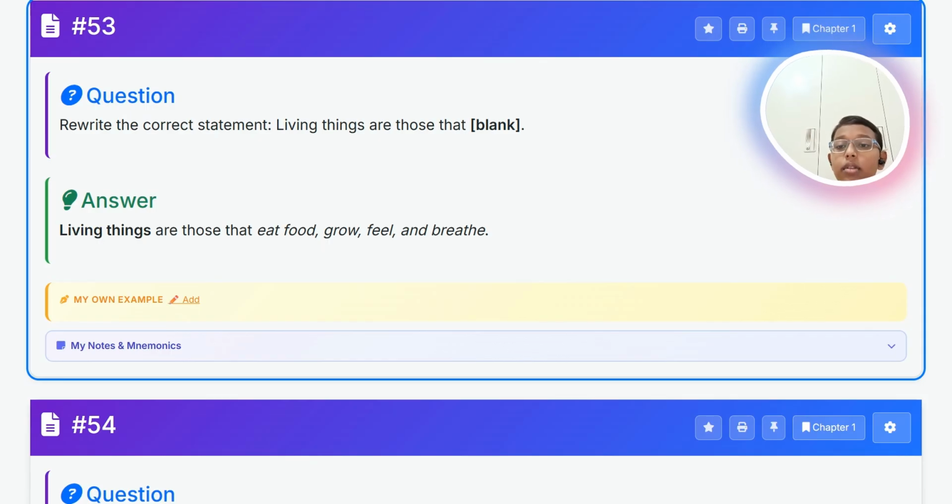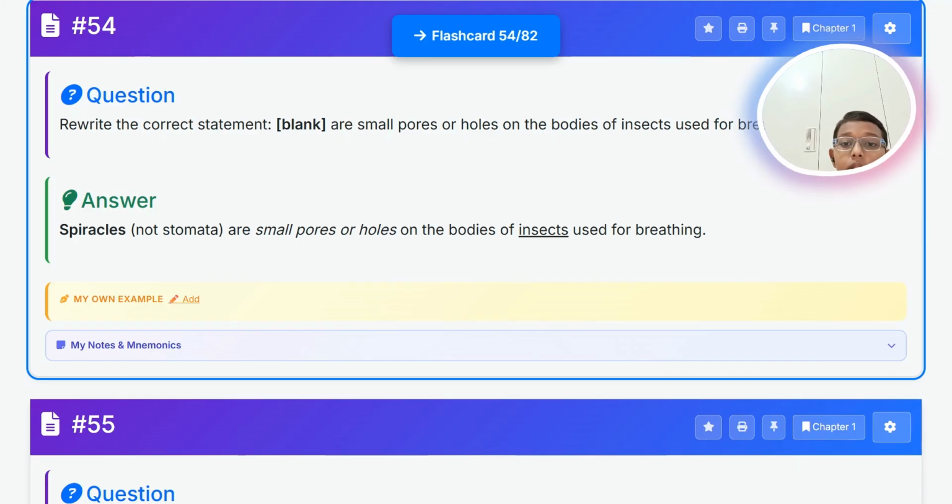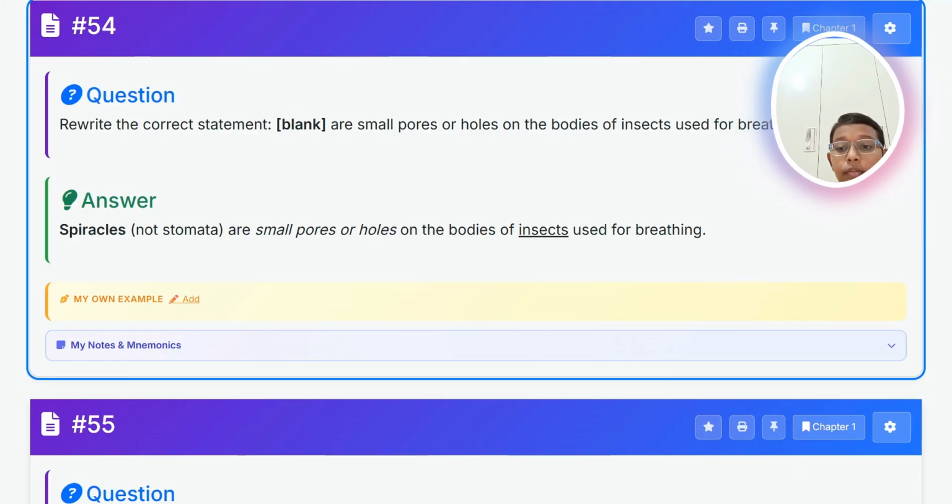Question. Rewrite the correct statement. Living things are those that blank. Answer: living things are those that eat food, grow, feel, and breathe. Rewrite the correct statement.